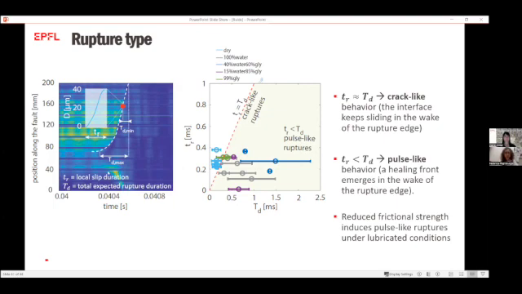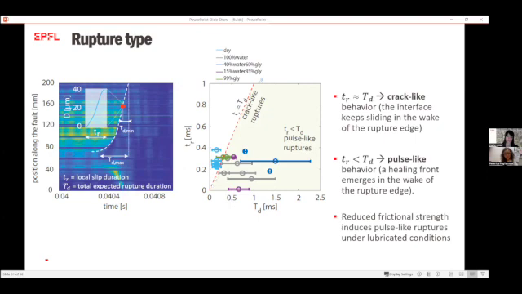While if the local slip duration is lower than the rupture duration, this indicates that the rupture is most probably propagating pulse-like, meaning that there is a healing front in the wake of the crack tip that closes the interface. And so you can see here on the right, we compared these two times for the different ruptures that we had in our experiments.